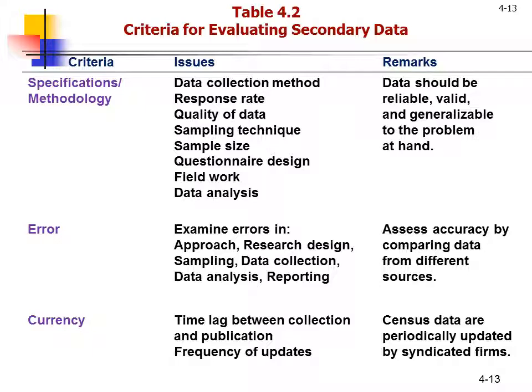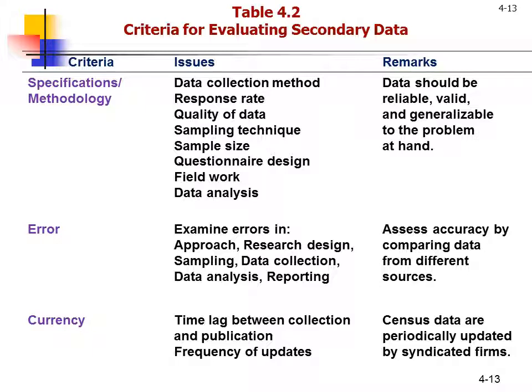In the first criterion, specification, the researcher should evaluate some specifications like the data collection response date, quality of data, sampling techniques, and sample size. All these issues can be evaluated by the researcher.